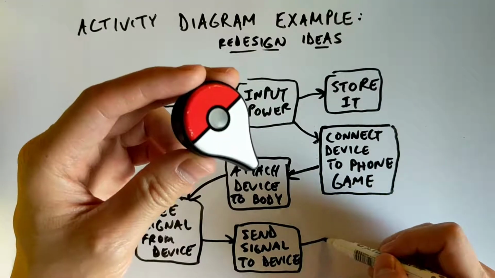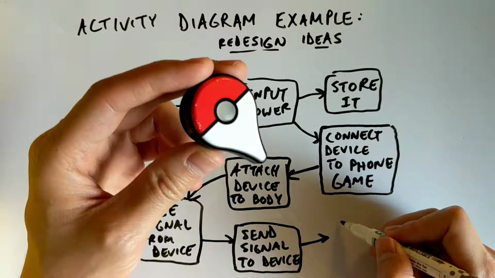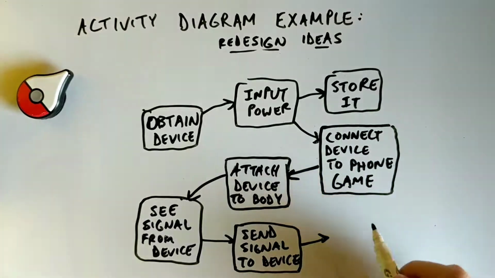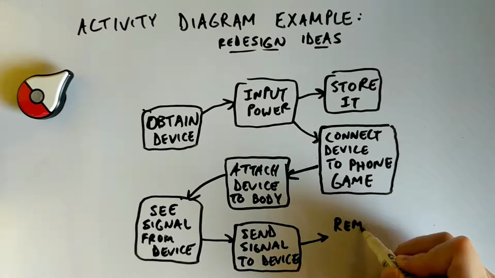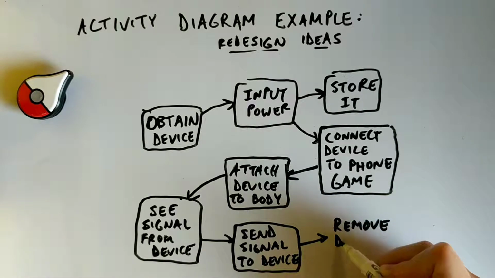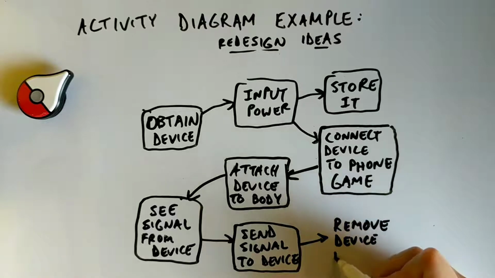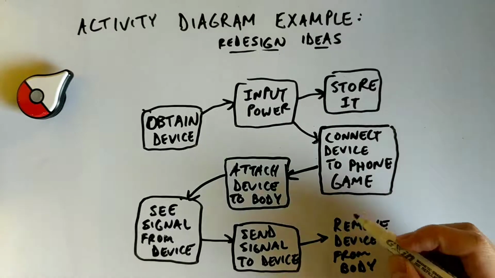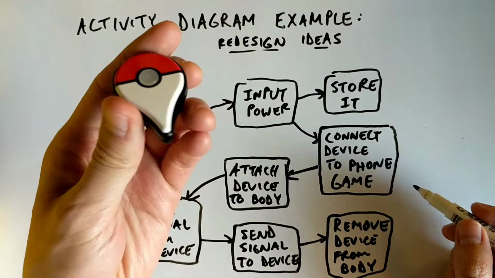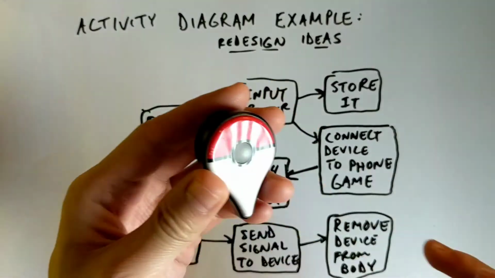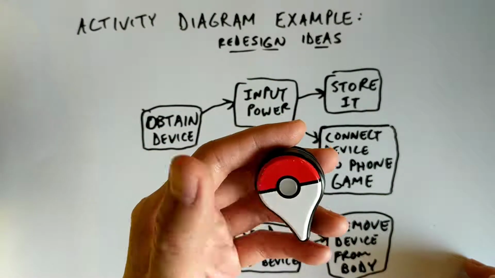And eventually I'll get tired of the game, so I'll, what am I going to say? Remove device? Yeah, we'll just say remove device from body. And as the user, I know that the Niantic or Nintendo people who made this, they don't have a turn off button. So the user doesn't turn it off.